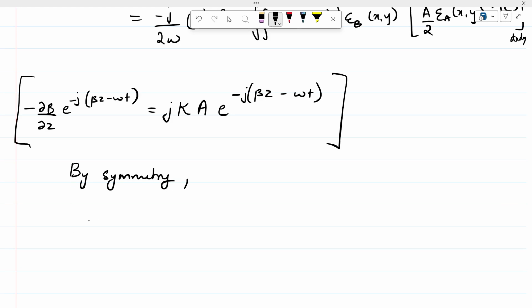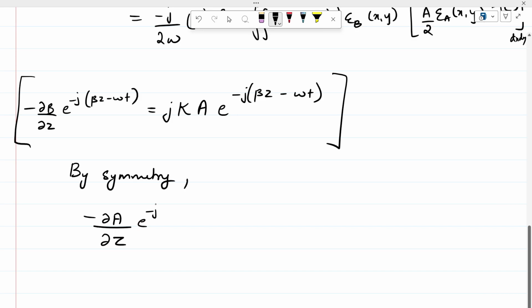By symmetry, the change in amplitude in waveguide A will be just the same, because these two waveguides are identical and there is no difference. So in case I had sent light in waveguide B, then the change in amplitude in waveguide A would be just the same as the change in amplitude in waveguide B here.